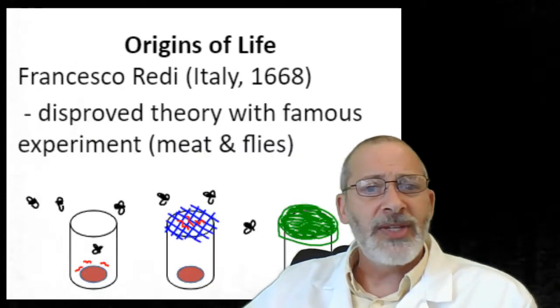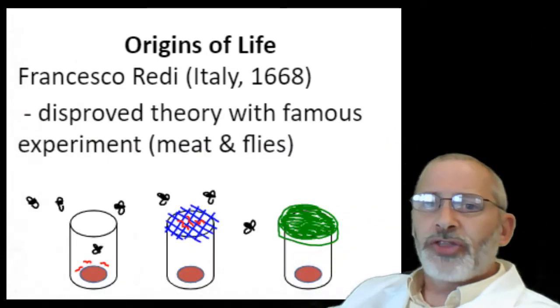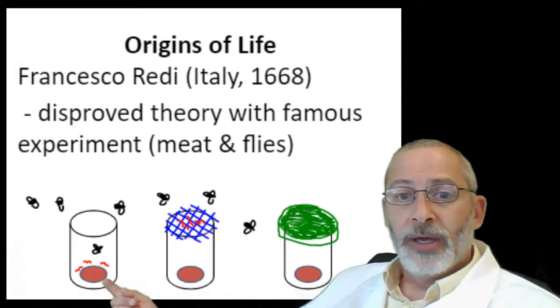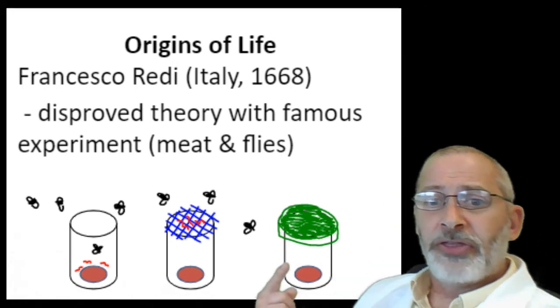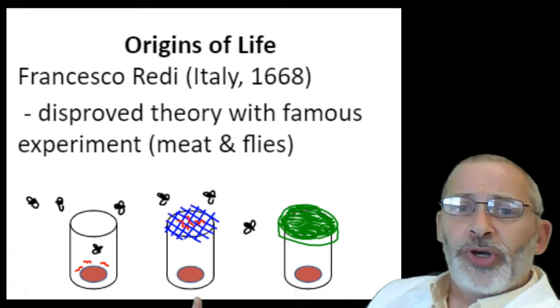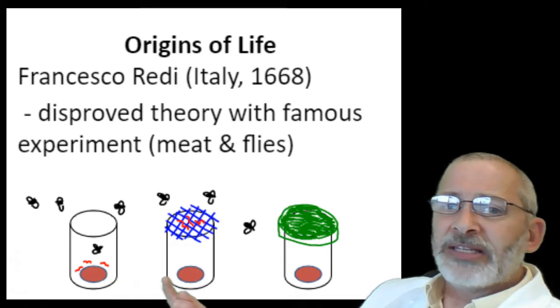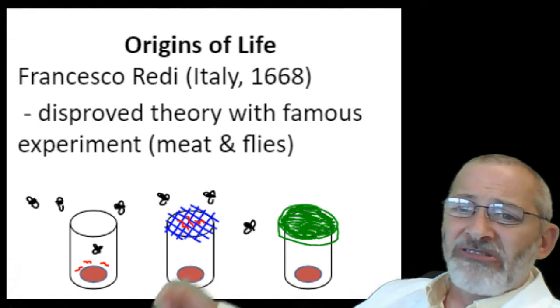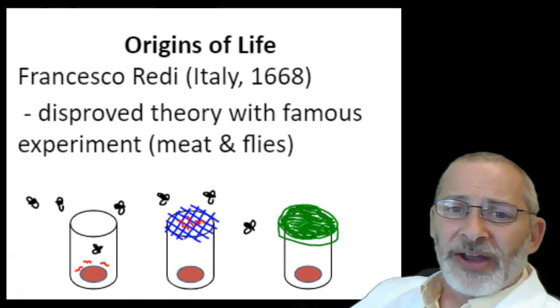You see, in his experiment, he used 3 jars. One jar, the second jar, and the third jar. They were all identical jars or identical containers. He put a piece of rotting meat into all 3 containers. Again, same kind of rotting meat, no difference there.